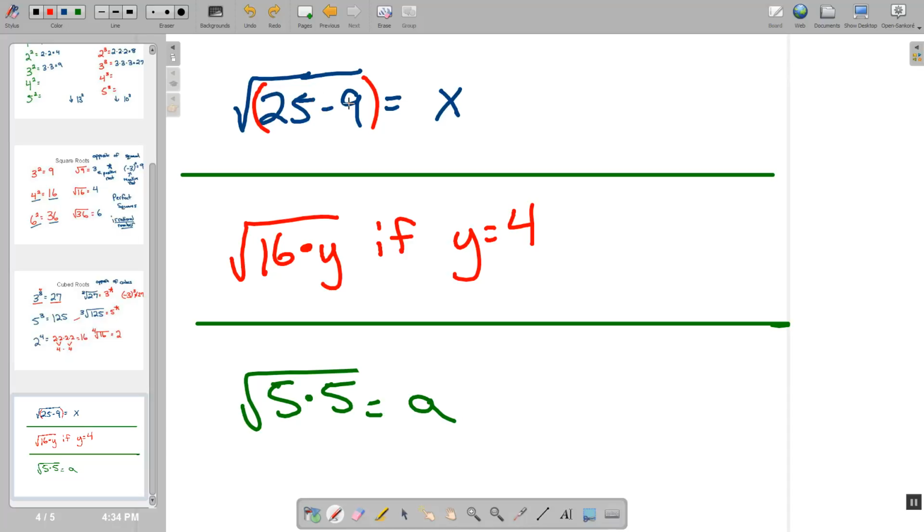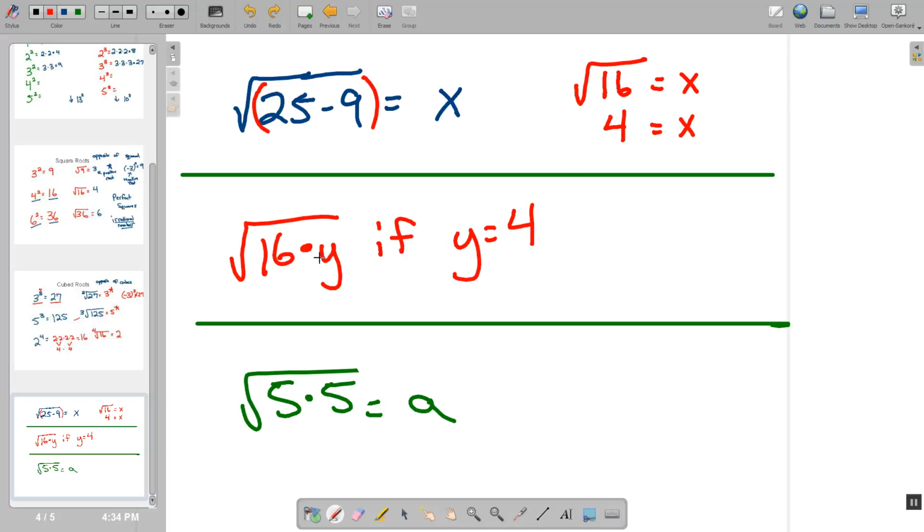I notice that 25 minus 9 is actually 16, now there's nothing else we can do underneath the square root. Therefore, we just simply solve for x, which is 4. Because if 25 minus 9 is equal to 16, then x has to be 4.